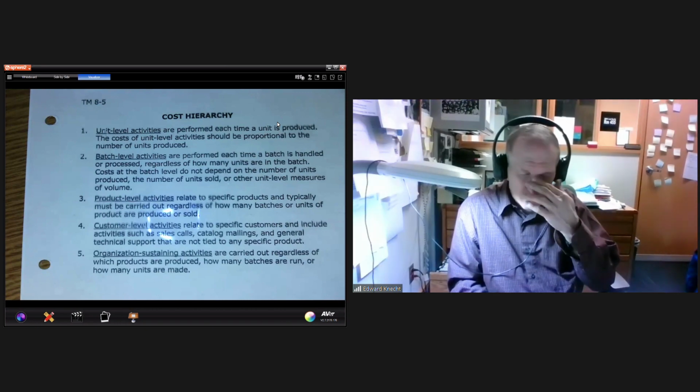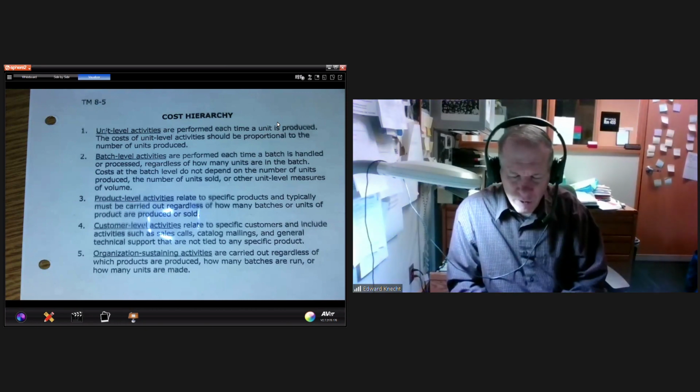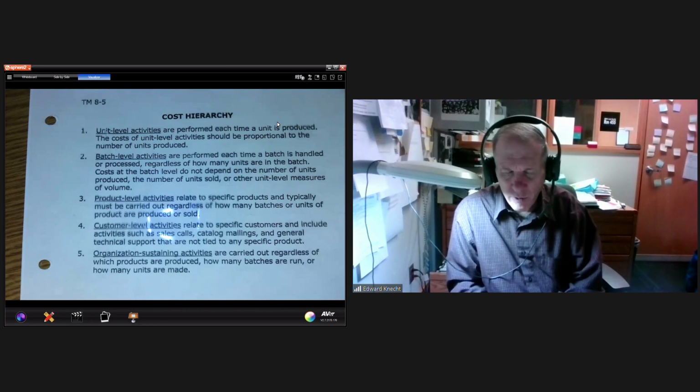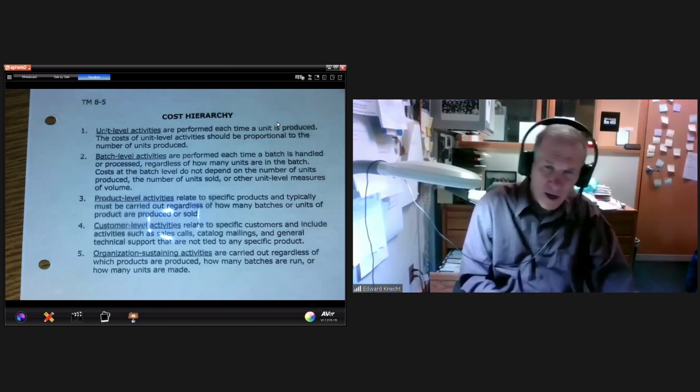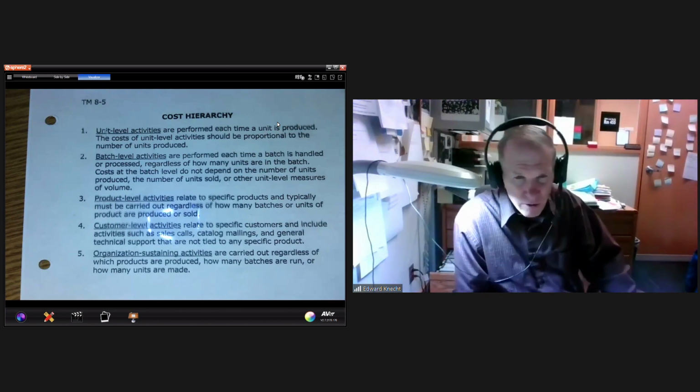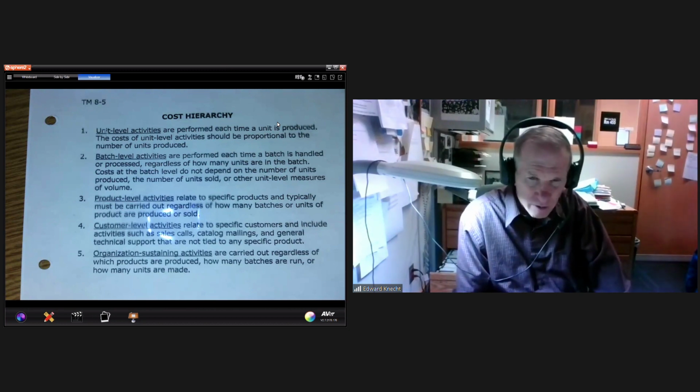So, every time, in the example of the dry marker, we have a different color. So we're going to have to take the machine apart and run the cleaning fluid through the machine to make sure that the color is the true color that we want to have in the next marker. So now we're going to produce red markers.